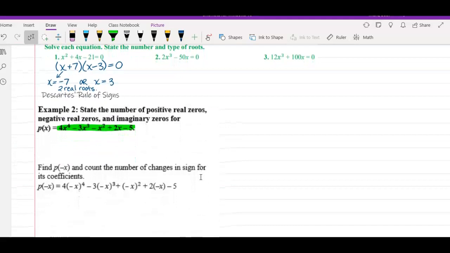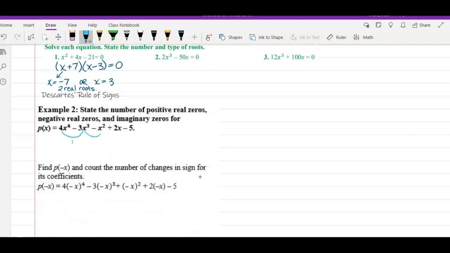Here we have p of x equals 4x to the fourth minus 3x cubed minus x squared plus 2x minus 5. It is in descending order. The degrees keep going down, down, down. So we're going to look at this and go from the first term to the second term. 4 is positive, 3 is negative. So that's one sign change.